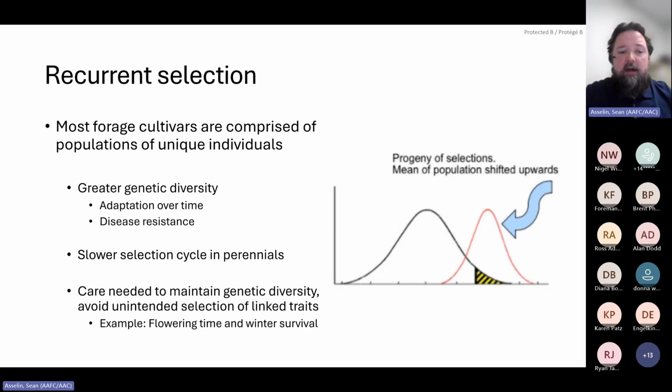So selecting for plants that flower early or later can have unintended consequences, because flowering time is a major physiological signal for other linked adaptations within the plant, like winter dormancy. These are things that we look at very carefully.